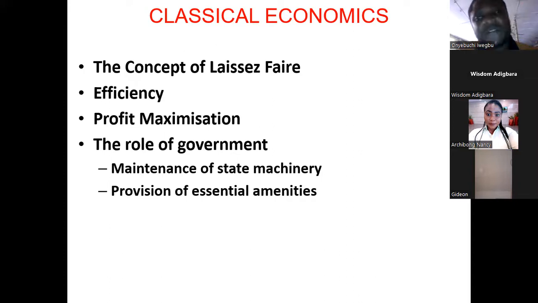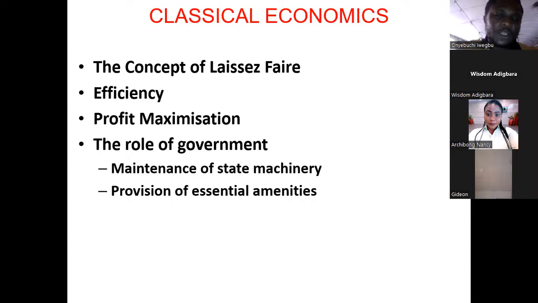That means the private sector should be totally involved in the production of goods and services. Let's take, for example, the tertiary institution today. Take the case of tertiary education in Nigeria.